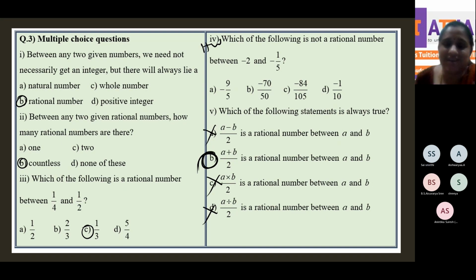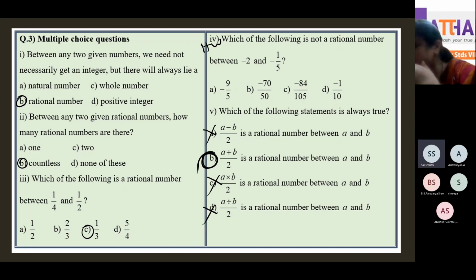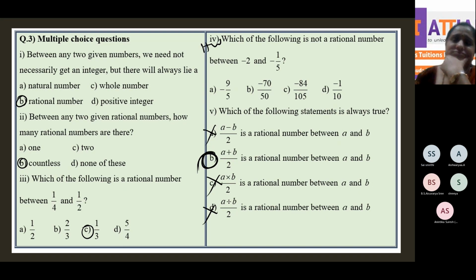Not your 7th standard, you're in 8th standard now. Linear equations in one variable, ma'am. From where did you read that? I just saw my book and thought that was the next chapter. No, linear equations in one variable.